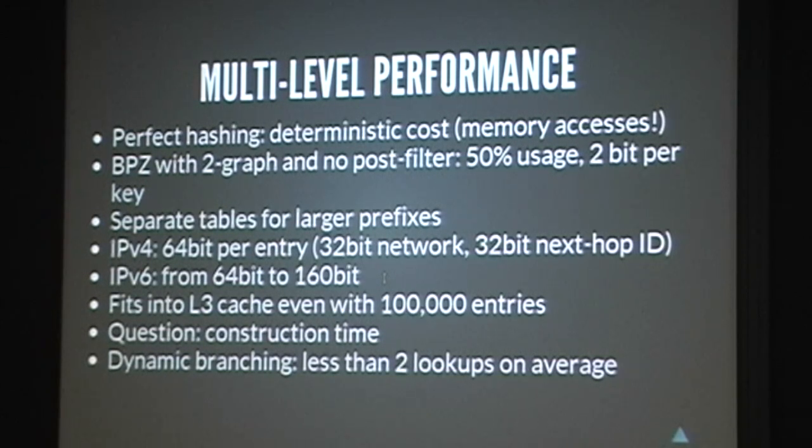The other interesting part to look at is I don't have to do a stupid binary branching. I can actually look at the distribution of the prefix lengths, and doing that correctly can often allow me to do less than 2 lookup probes on average to get the route that's actually of interest to me.